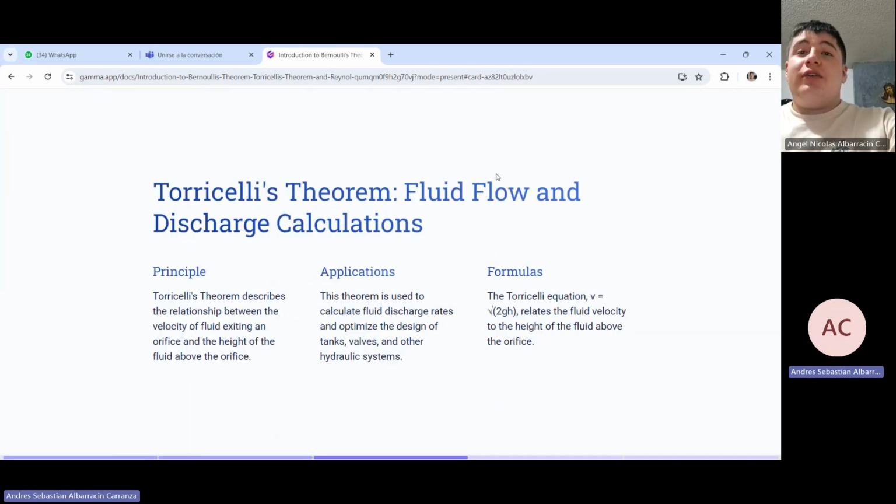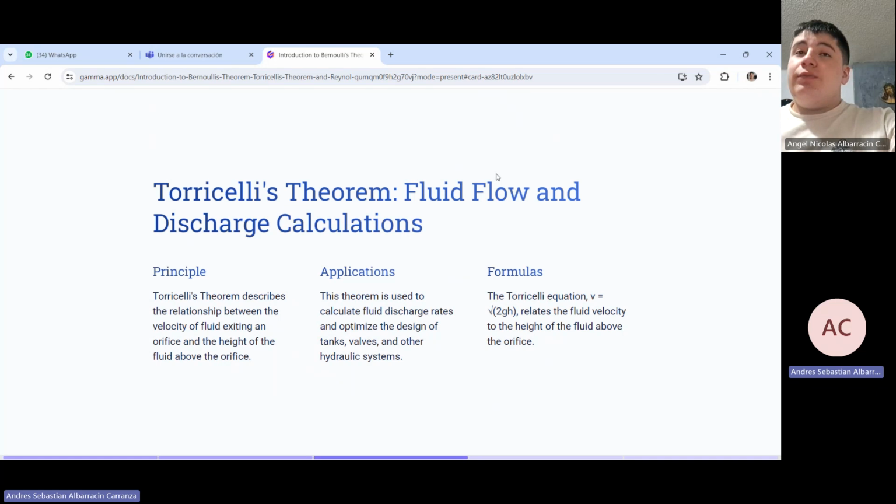Here we have the Torricelli theorem. We have fluid flow and discharge calculation. This theorem describes the relationship between the velocity of fluid exiting an orifice and the height of the fluid above the orifice.